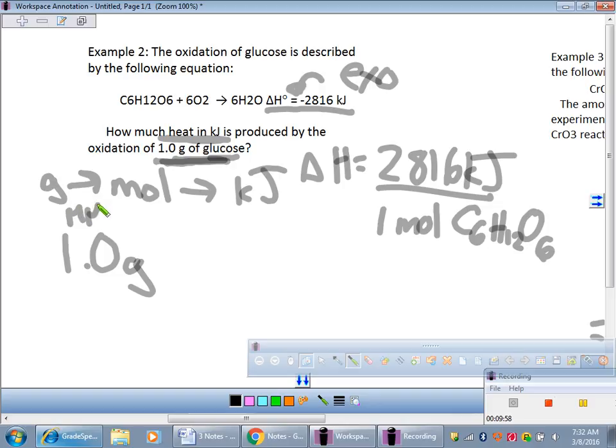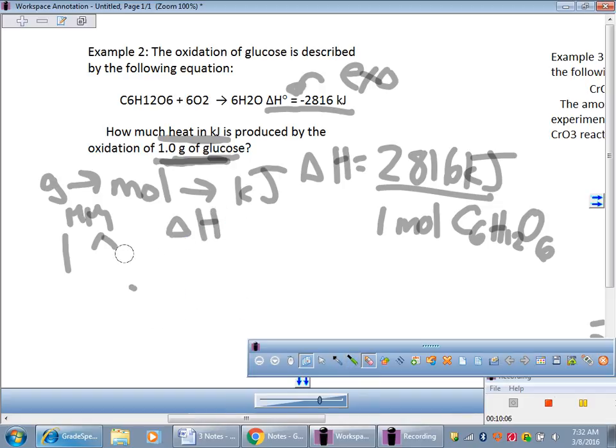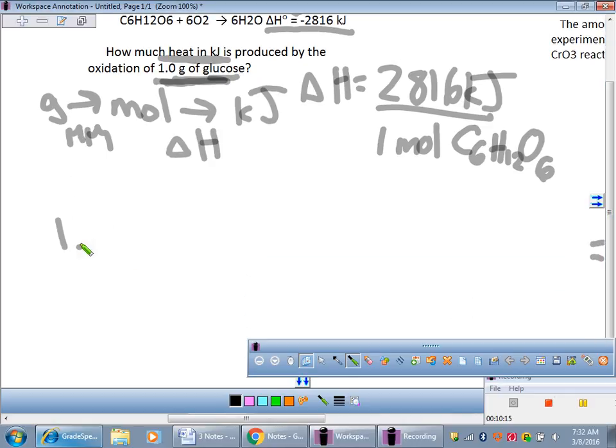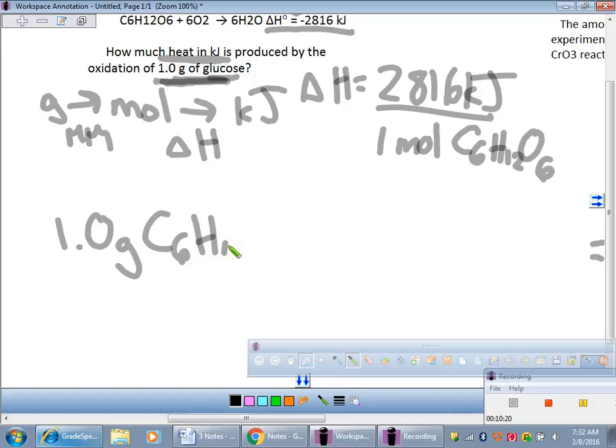Now, grams to moles, we use our molar mass. And now we know to go from moles to kilojoules, we use our delta H. So that's what we're going to be doing. If you follow the units, you can figure out the dimensional analysis. And this is just what we've been doing with a new conversion factor.